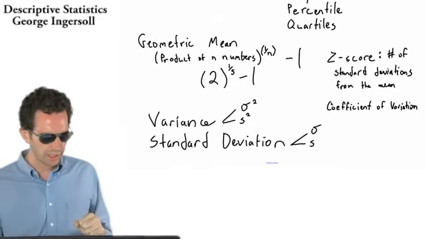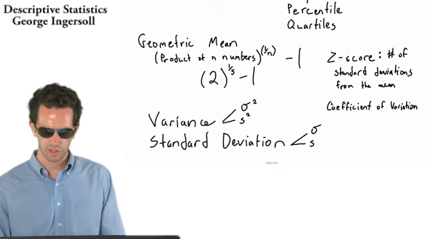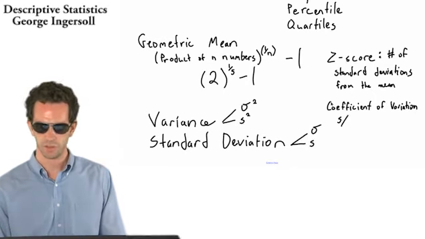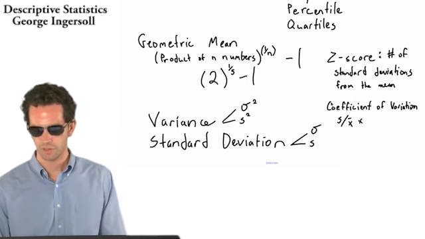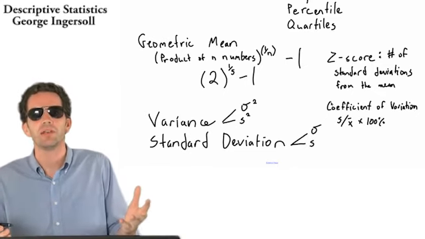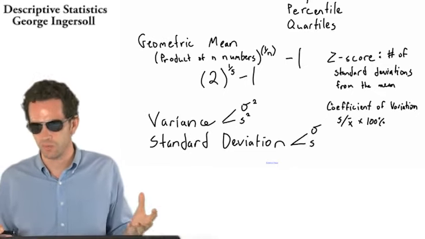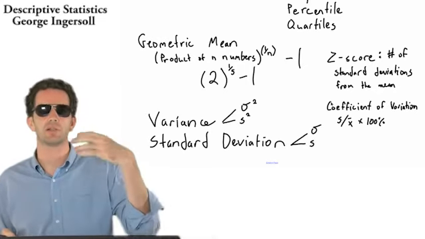If we're talking about a sample here, it's going to be the sample standard deviation over the sample mean, times 100%, because usually it's expressed as a percentage. So it's basically how large of a percentage the standard deviation is of the mean.